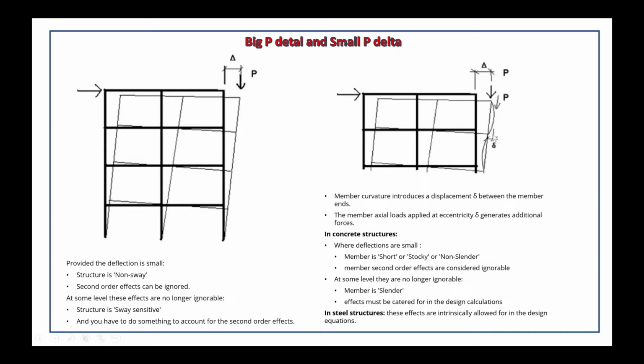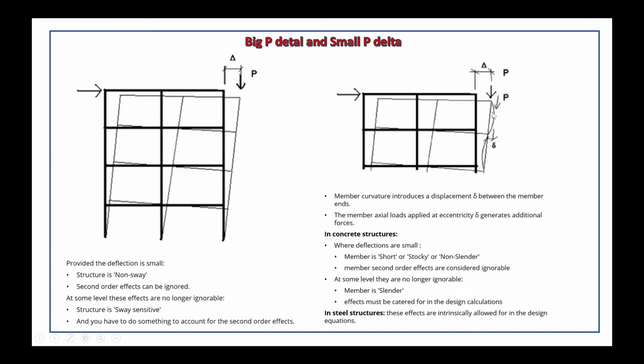And for the small delta, we talk about the local one, about the column, one element. We do not talk about the global, we talk about the element. We talk about the column, or the wall. We talk about the vertical element.